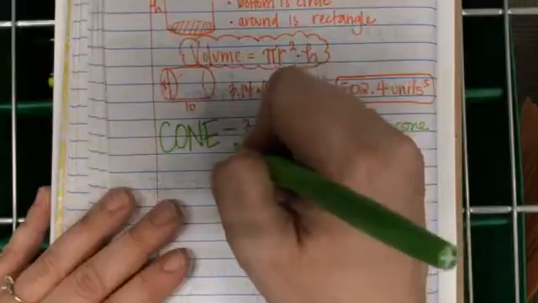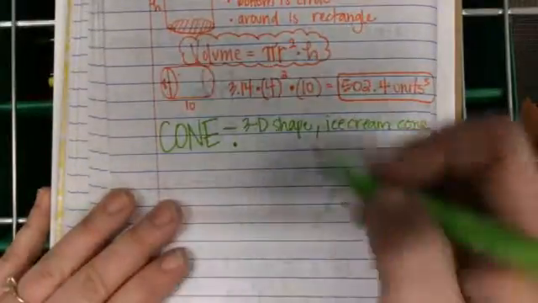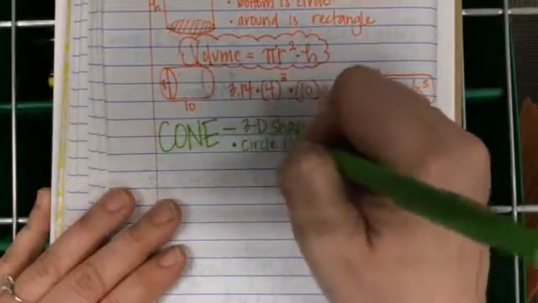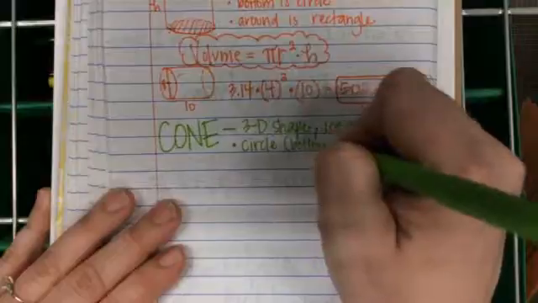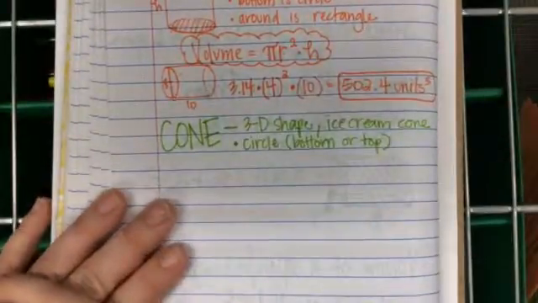What is a cone made up of? What's the bottom of a cone? A circle. Which is the bottom or the top, depending on which way you have it facing, right?